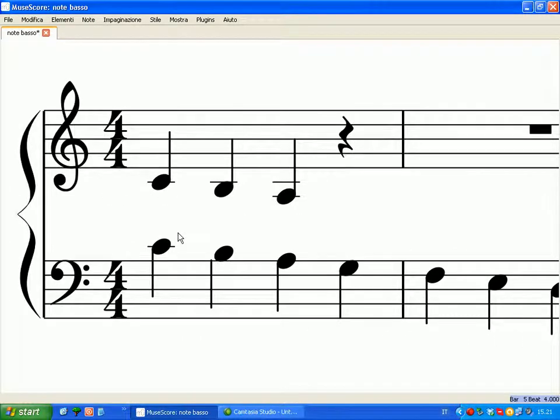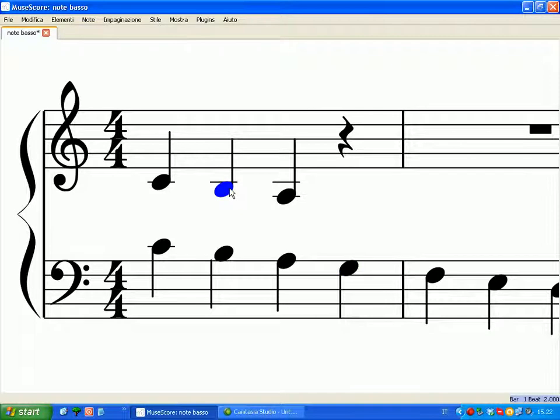And of course, it is the same if we consider the notes that we can find below the middle C. So for the B note, the A and the G, it is the same.